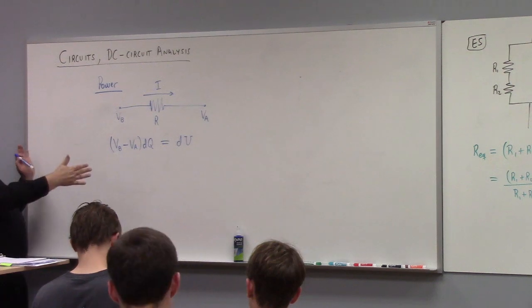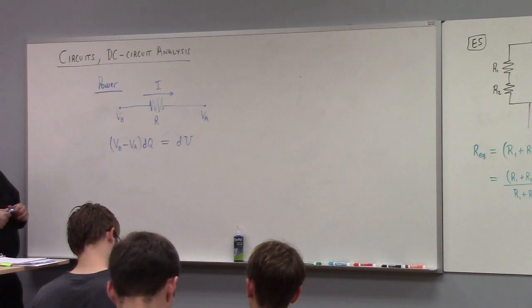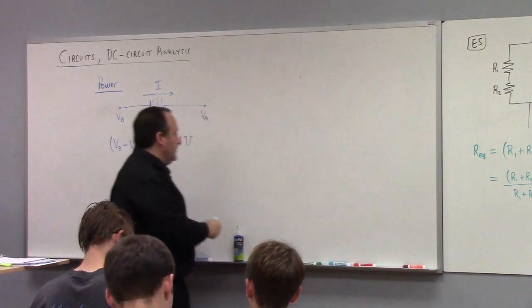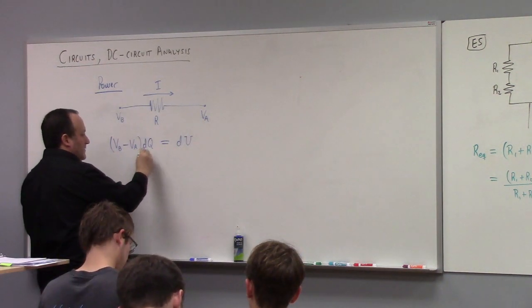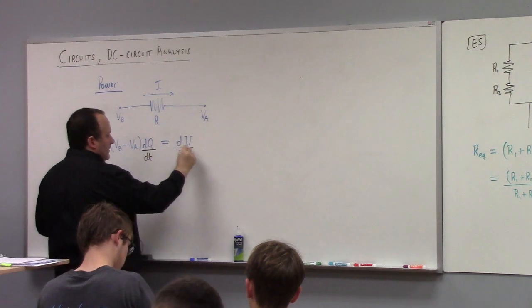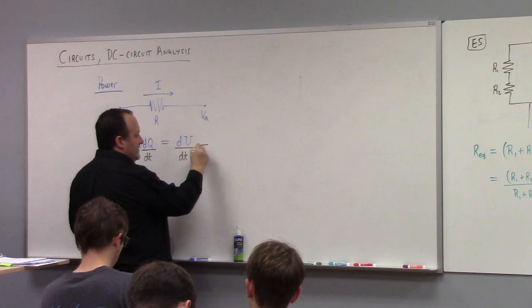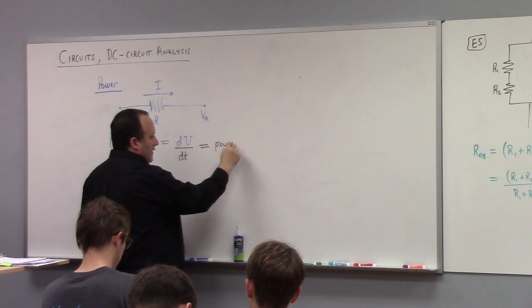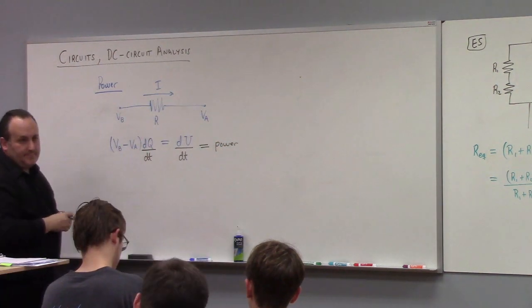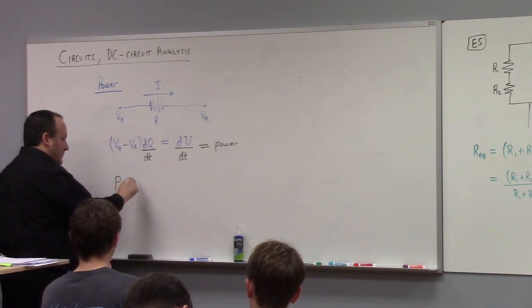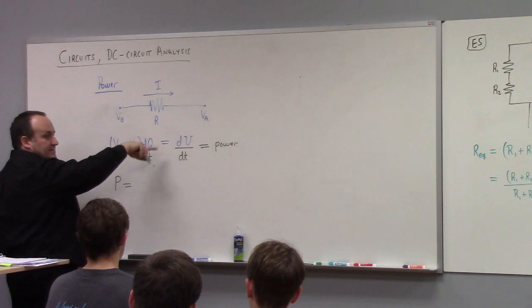So divide this by dt. What do you get? We get the change in energy per time. This is power. So therefore, the power is equal to, what's dq/dt?